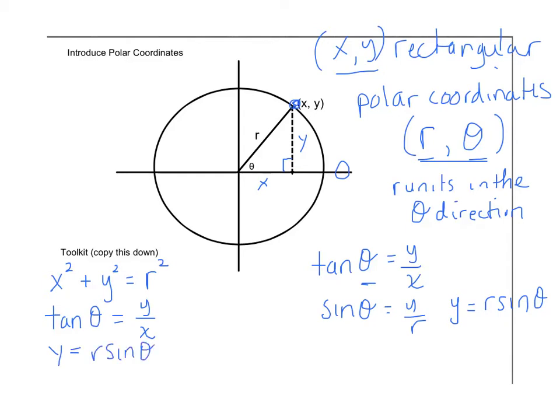I'm trying to keep rectangular on one side, polar on the other. And then, of course, the last one is cosine, and that's x over r. And so x is equal to r cosine theta. Okay, that's our toolkit, and that's how we would introduce that.